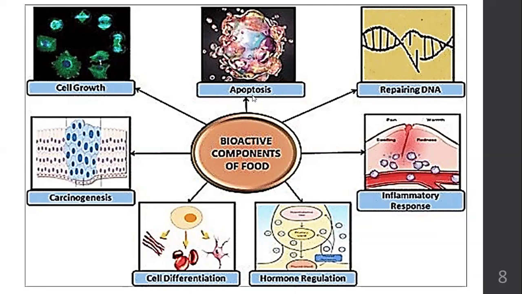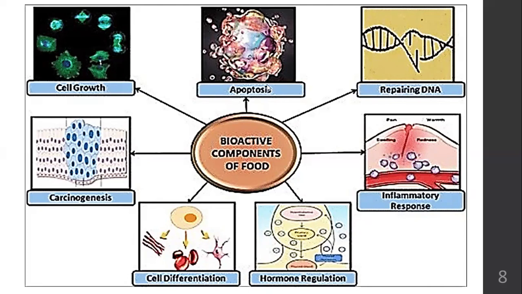Or if any toxic agent has entered the cell, or if the cell has turned cancerous, the cell will kill itself. This is your own biological clock. Your body has the system to identify a cancerous growth and kill it, so that it does not spread, it does not differentiate.